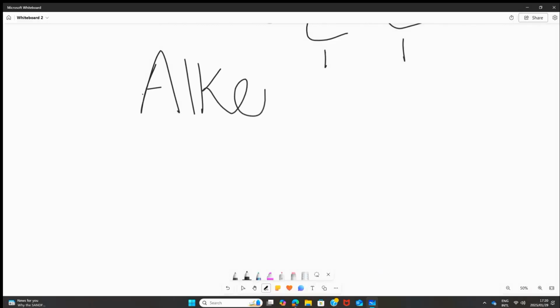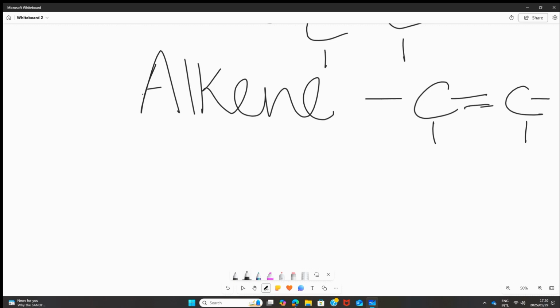Now we move on to the next homologous series, which is your alkenes. So we focus now on your alkenes firstly, then lastly we're going to do alkynes. So with your alkenes, the functional group for your alkenes is carbon double bond carbon, which means that all your alkenes will always have this in them.